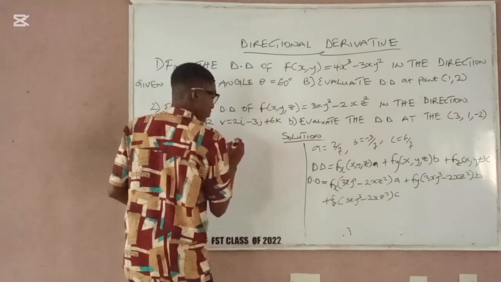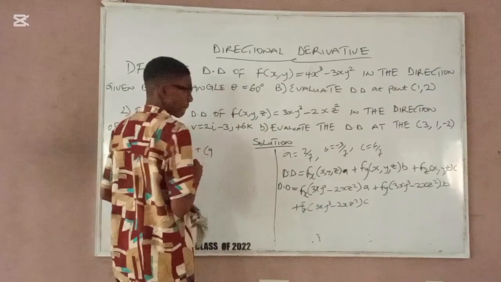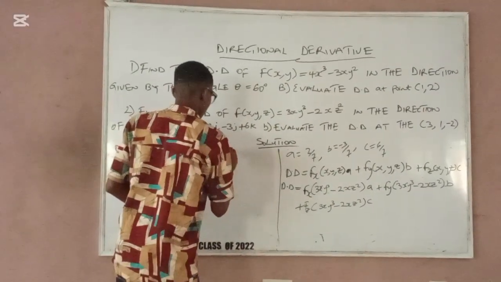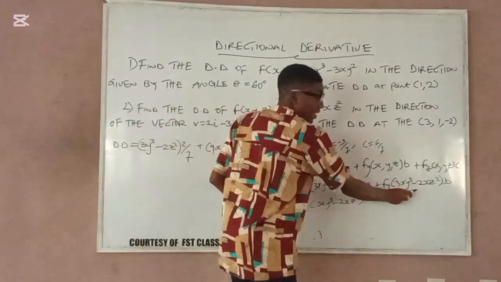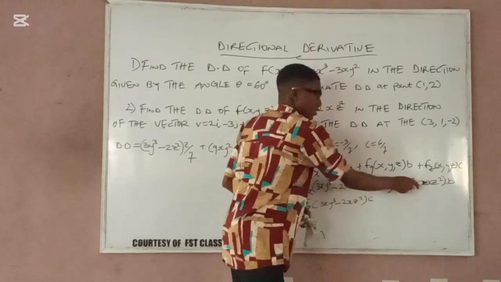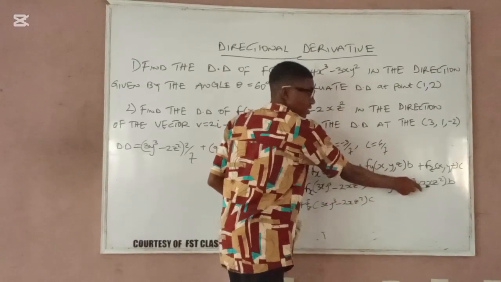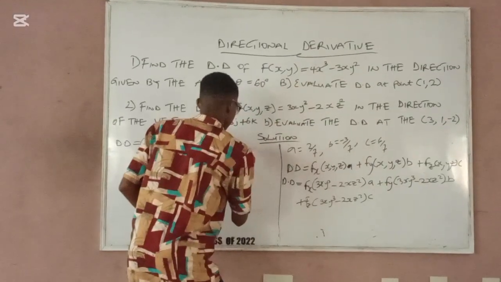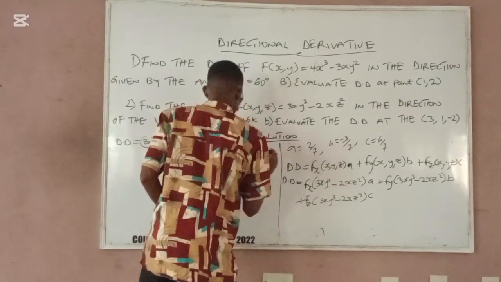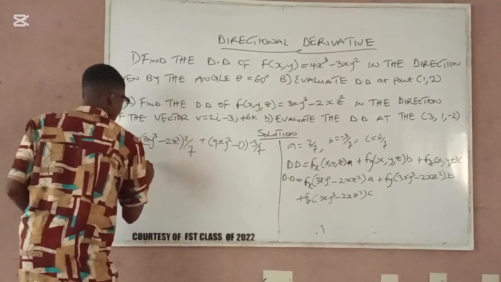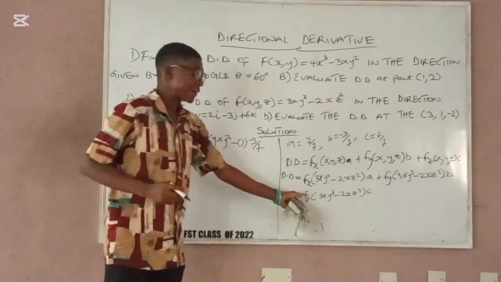So that is 9xy squared minus, is there y here? No y. So here is 0. There's no y in this part. So here is minus 0. b is minus 3 over 7, plus with respect to z, f of z.